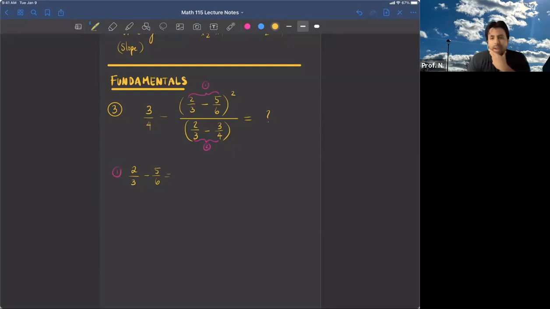So how do we subtract fractions? Common denominator, correct. And what's the common denominator?